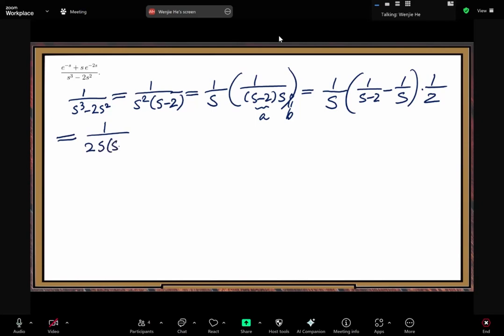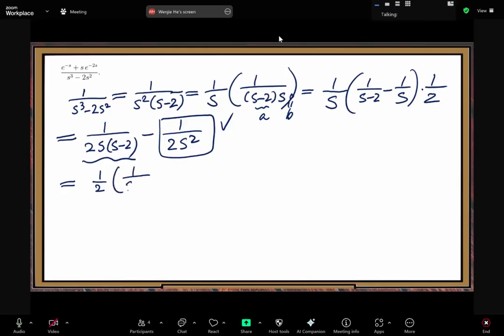2s s minus 2 minus 2s squared. This one is already friendly, right? So we need one more split here. One more split. 1/2 s minus 2 minus 1 over s multiply 1/2.